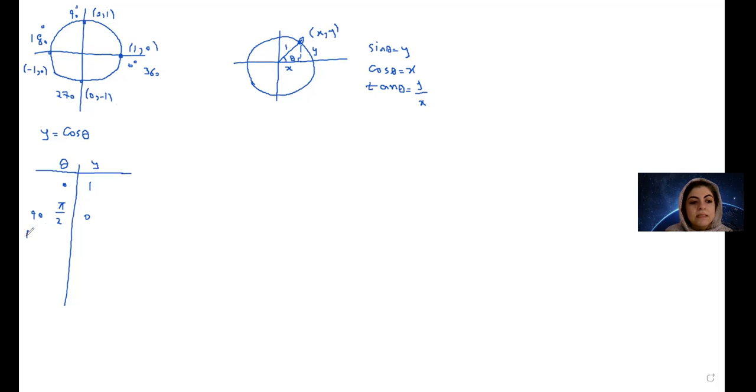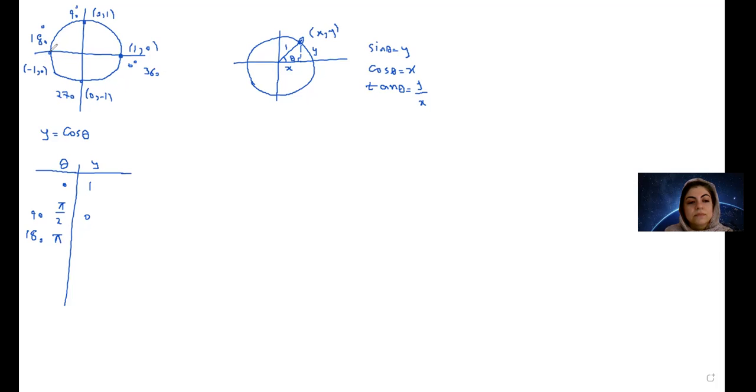For 180 degree. 180 degree is the same as pi. What is the cosine of 180 degree? You have to look at here, the x component.